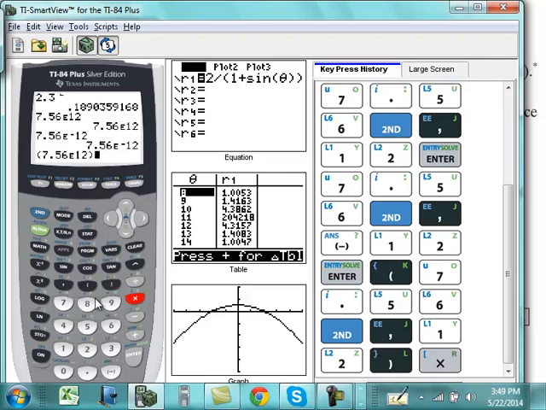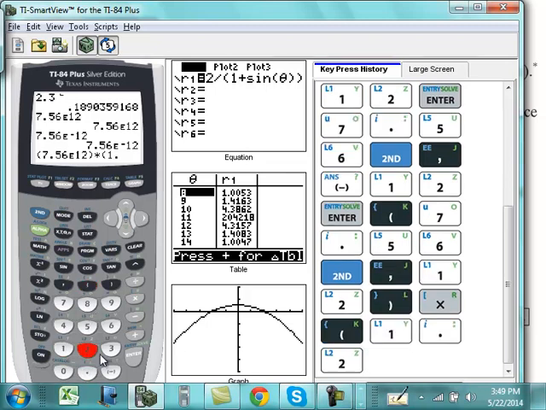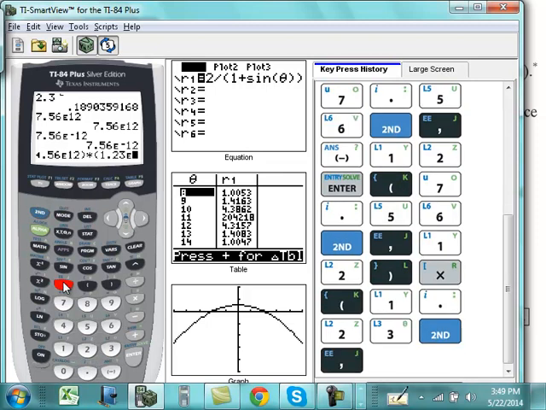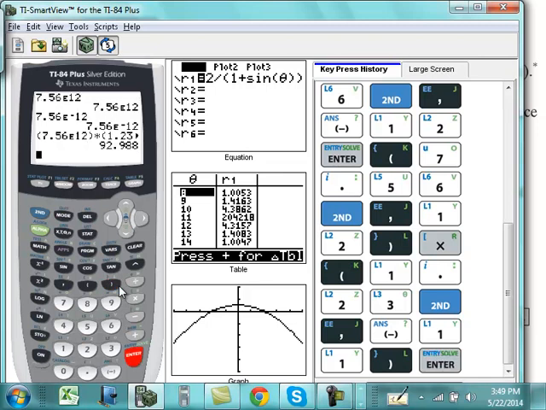And then times, let's multiply it by some other number in scientific notation, 1.23 times 10 to the, say, negative 11th power. Enter. There you go.